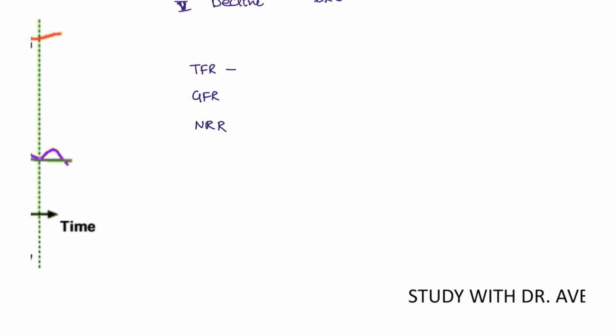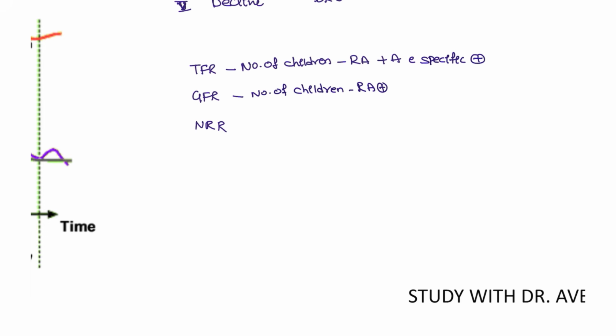Total fertility rate means the number of children that women have had in the reproductive age of 15 to 49 years, plus the age-specific fertility rate. General fertility rate just considers the number of children at the reproductive age. That's it, a simple definition.